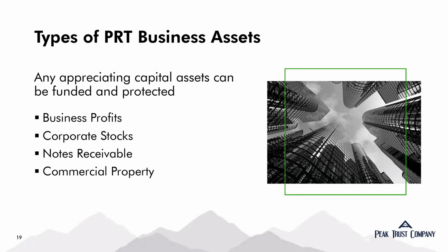But those are great. The clients own their businesses and they want to put a proportionate share, some percentage, into their PRT. So for when they sell, that liquidation event, the cash going into the PRT, that's a strong play, because now that money can be deployed in the exempt balance sheet to go further invest and grow that exempt balance sheet.